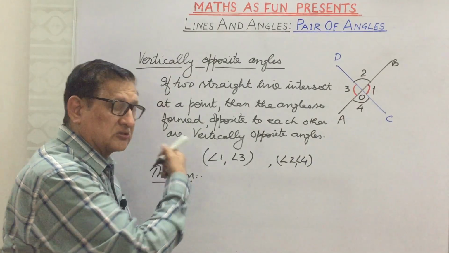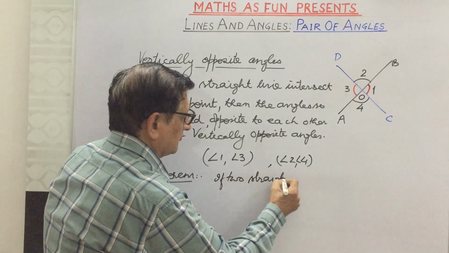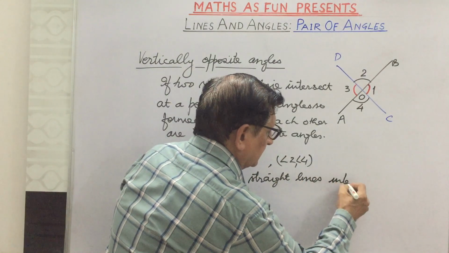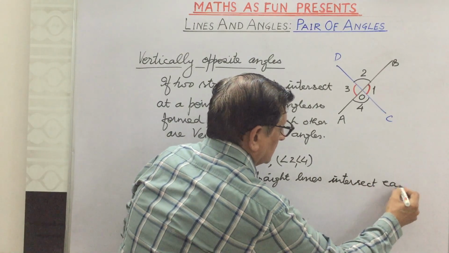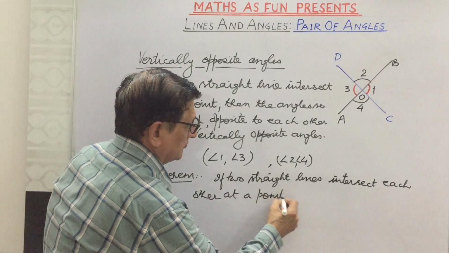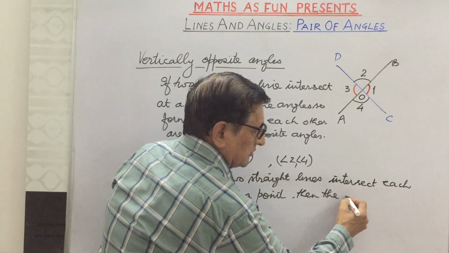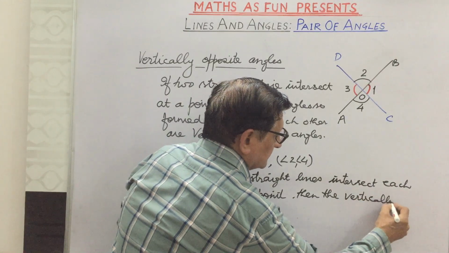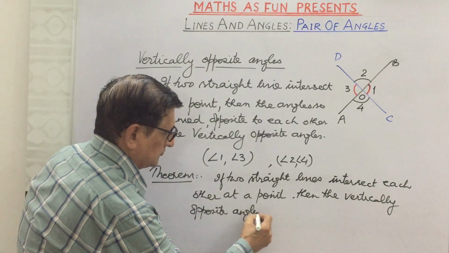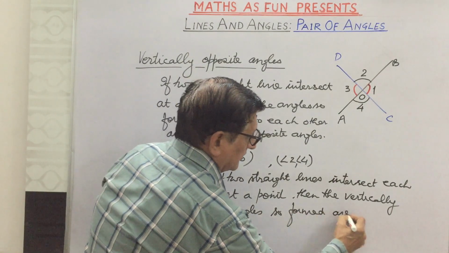So what is the theorem? The statement of the theorem is, if two straight lines intersect each other at a point, then the vertically opposite angles so formed are equal.